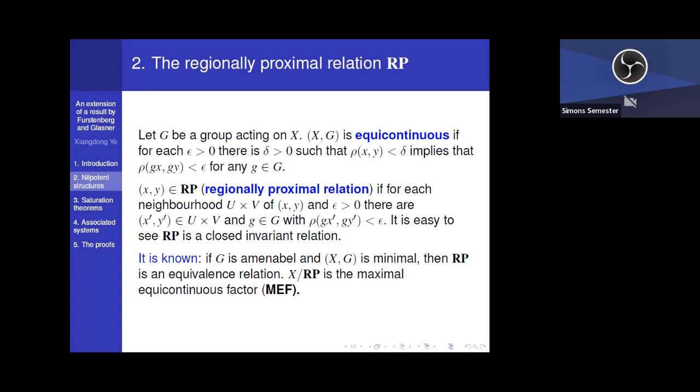This is a closed invariant relation, so it's very important to know when it is an equivalence relation. This was done in the 60s and 70s, so we know at least when G is amenable, this is an equivalence relation.